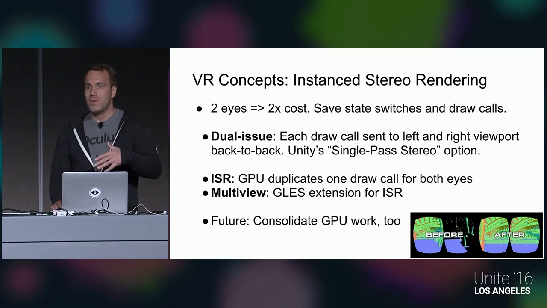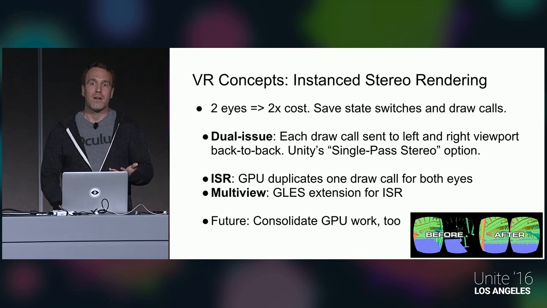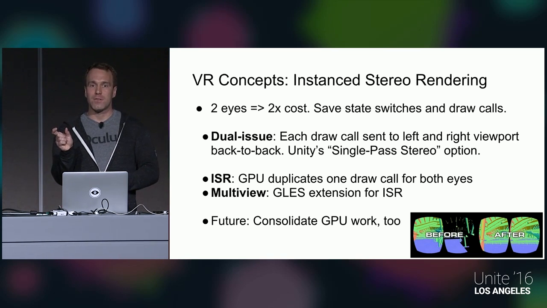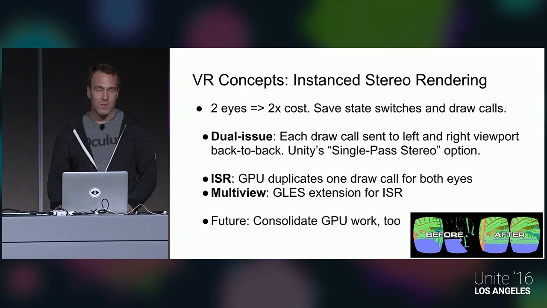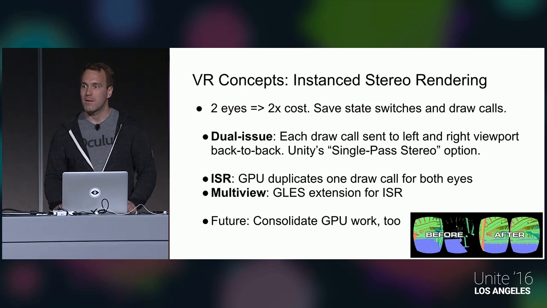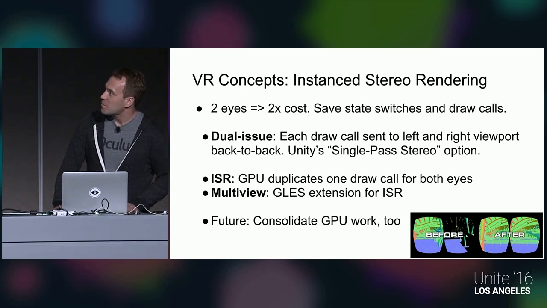Another thing you can do is what we call instant stereo rendering, where you consolidate those two back-to-back draw calls into one and literally halve the amount of CPU utilization communicating with the graphics driver. This is essentially what the multi-view extension is doing on Android, which was recently implemented in Unity and may eventually appear in an alpha, but I don't have a specific time frame for it.